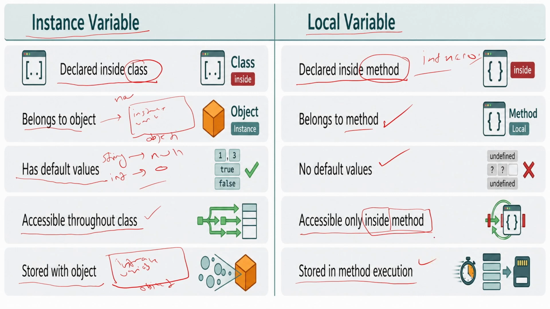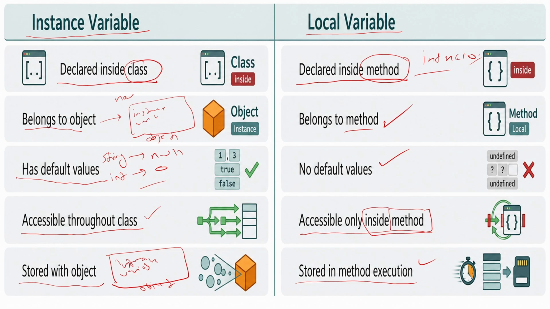So these are the differences between instance variable and local variable. In the coming videos, I will use this concept while explaining that instance variables are getting assigned with these values, and I am defining a local variable. So you should be aware in what context I am talking and which variables are there. Okay.